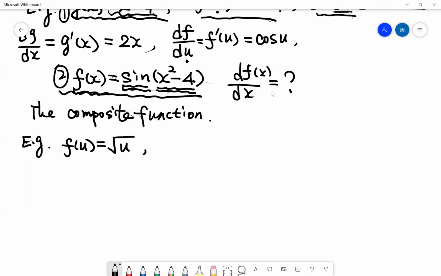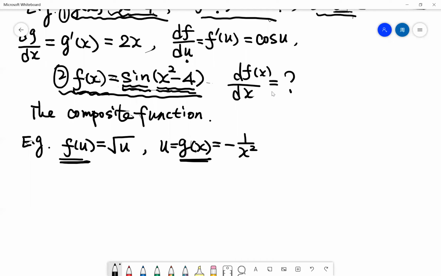And the second function is g(x) equals minus 1 by x squared, or you can write u equals minus 1 by x squared. So can these two functions, f of u and g of x, be composed?